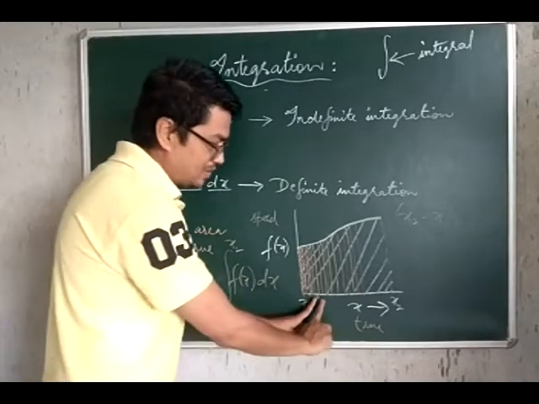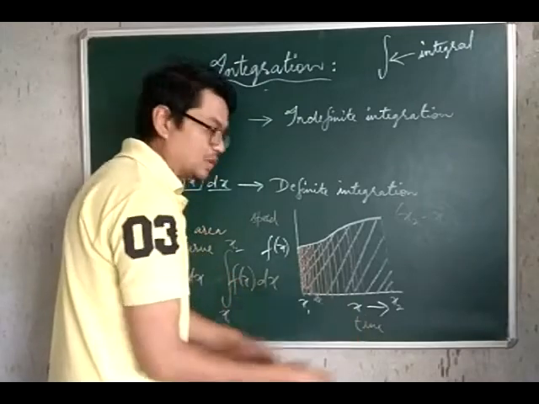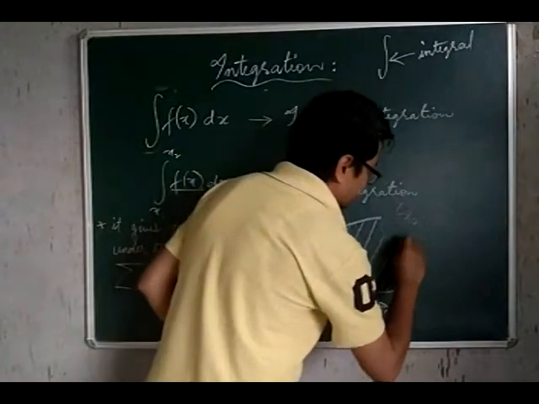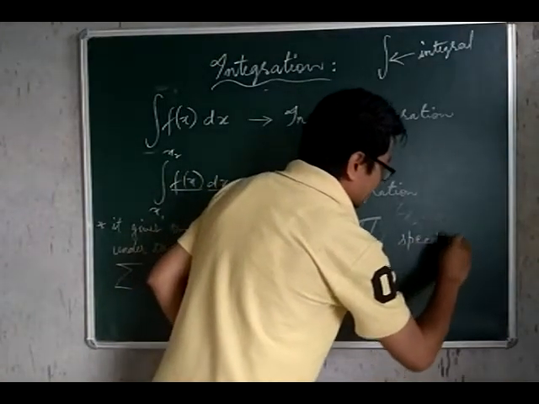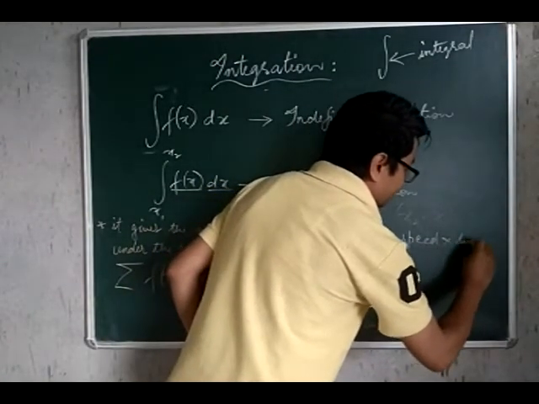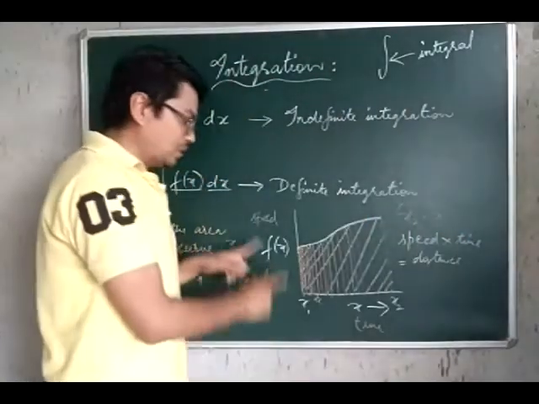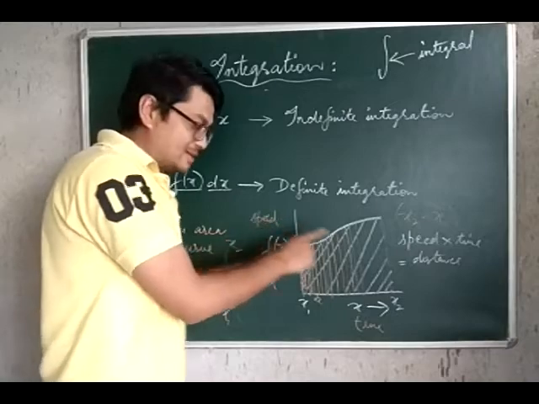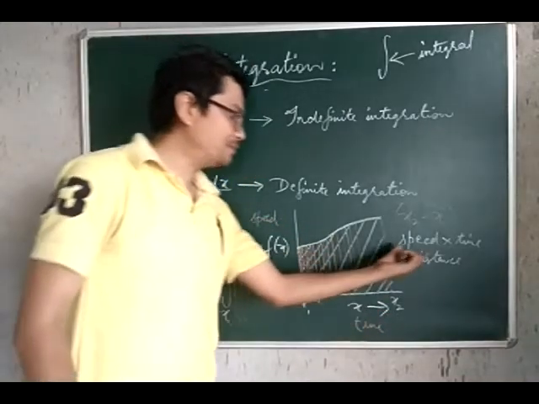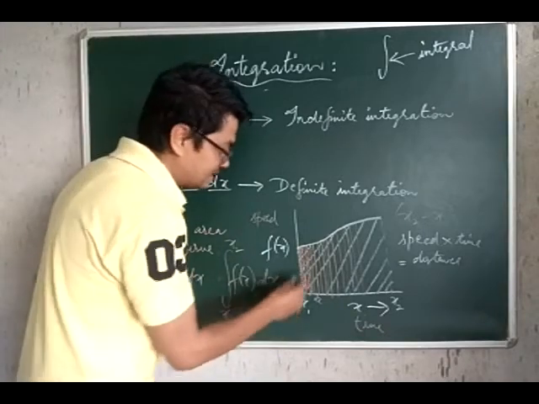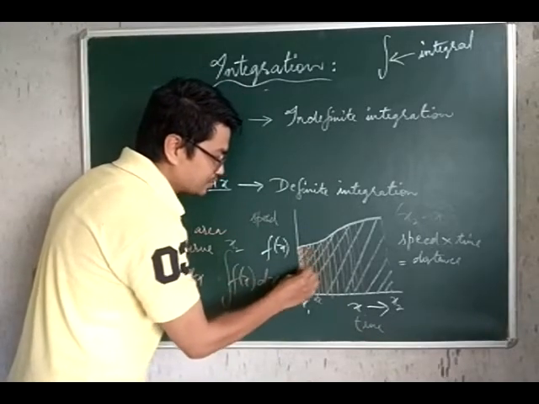So dx is a small change in time. So f of x into dx is basically giving us what? It is giving us speed into a small change in time. So speed into time is what? Distance. If you are plotting speed along the y-axis and time along the x-axis, then speed into time, that is f of x into dx, is giving us the area of this small strip, so to say.